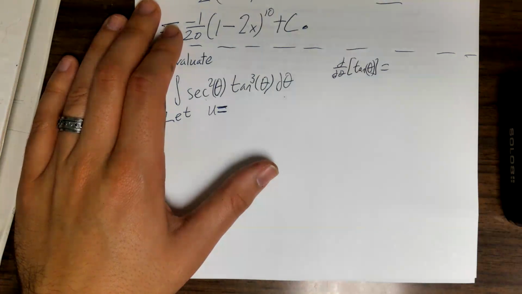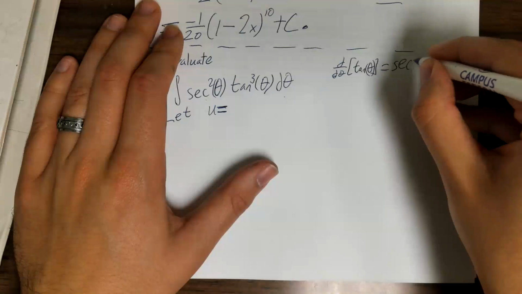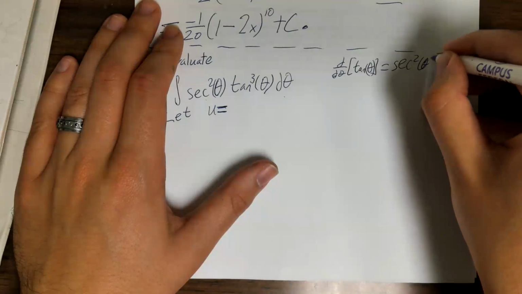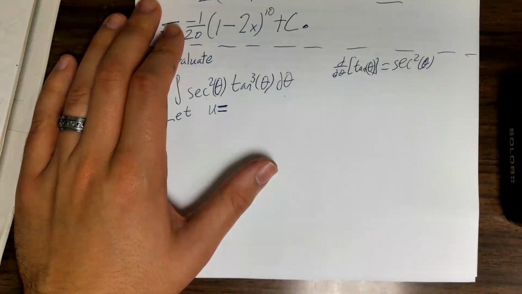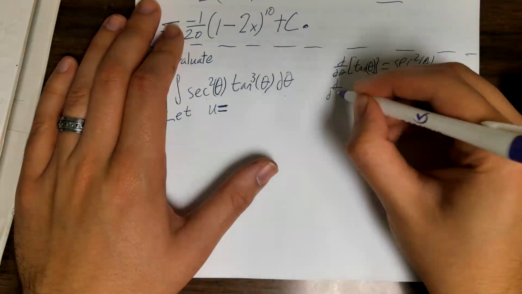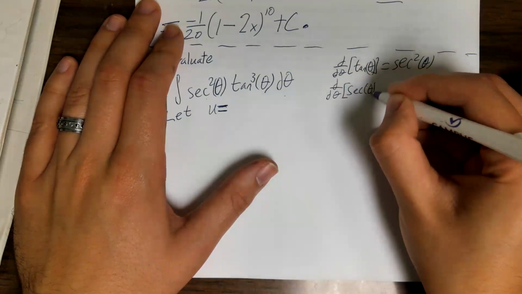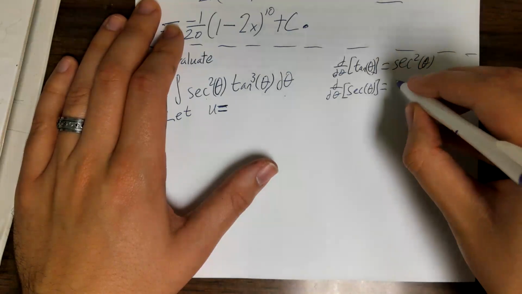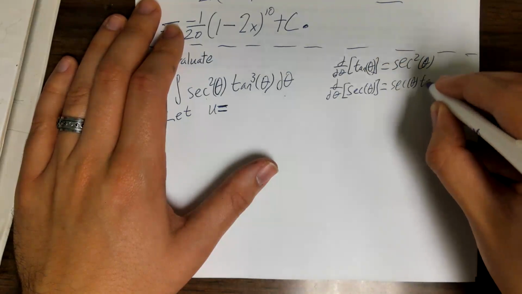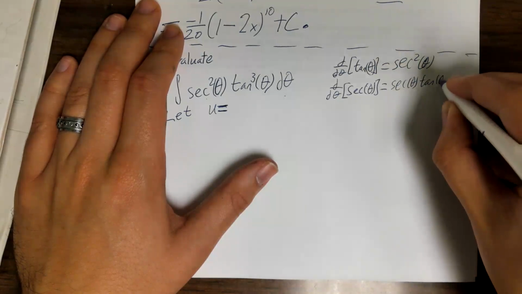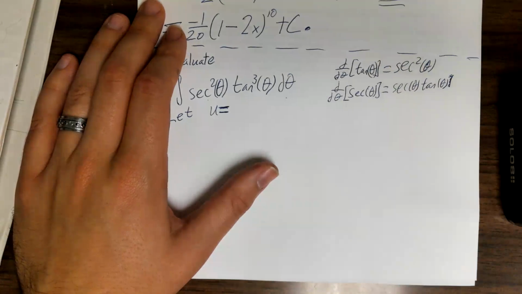Well, if I take the derivative of just tangent, I get a nice secant squared theta. And if I take the derivative of secant, then I get a secant times a tangent.